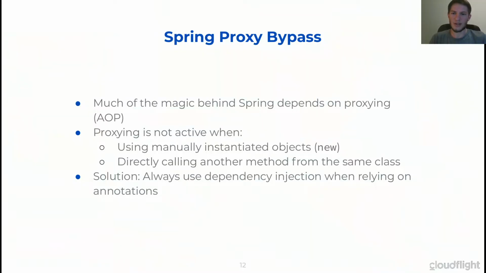To sum this up, much of the magic behind Spring depends on proxying and aspect-oriented programming, which is not active when you're manually instantiating objects with new, or the same is true when you're directly calling methods of the same class. The solution is to always use the dependency injection mechanism when relying on annotations, no matter whether it's security or database transactions or whatever.